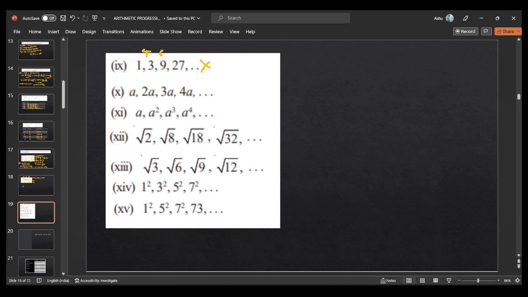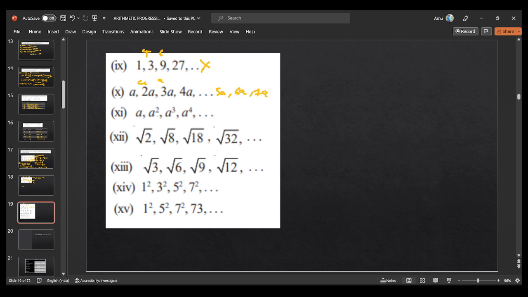Now a, 2a, 3a: 2a minus a, 3a minus 2a, so it is in AP, and next will be 5a, 6a, 7a.